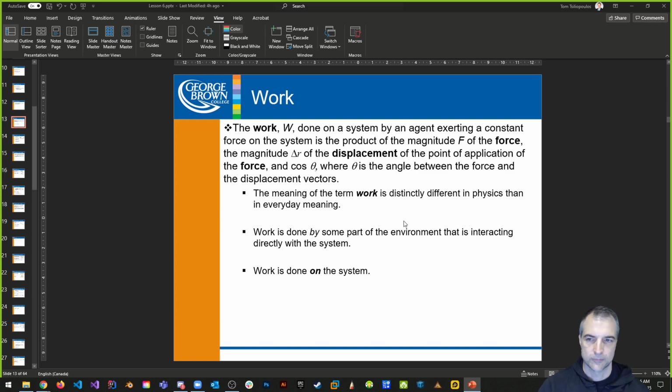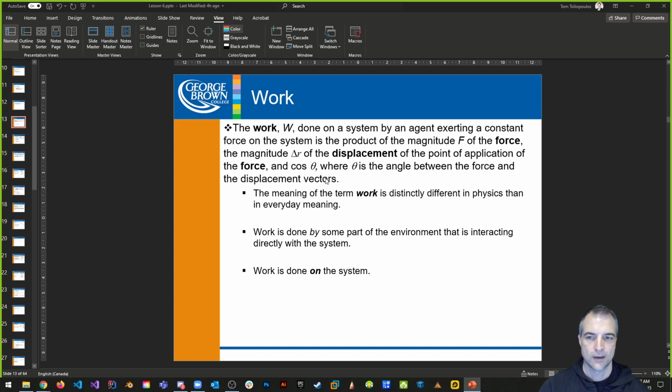Let's talk about work. Work is done on a system by an agent exerting a constant force, right? When I say constant force, that means there must be acceleration, right? And work is the product of the magnitude of the force, the magnitude of delta R, or the displacement of the point of application of the force, and cos theta, where theta is the angle between the force and the displacement vectors.